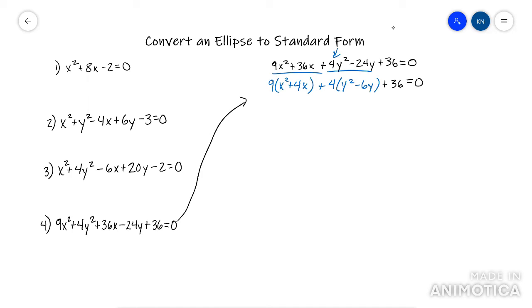All right, so now that you're here, you're going to complete both of these squares. So it looks like this, 9 in front. Complete the square and you would get x plus 2 squared minus 4.